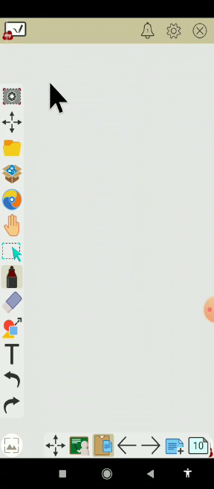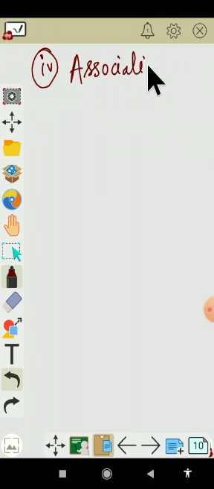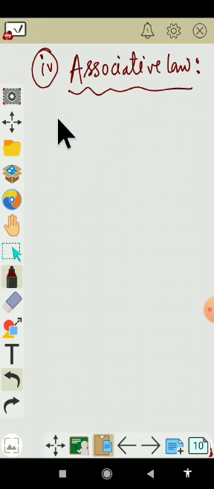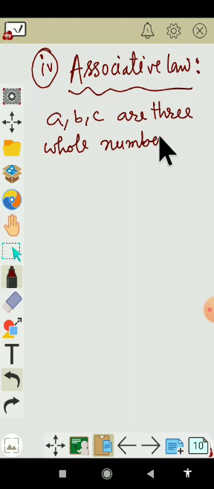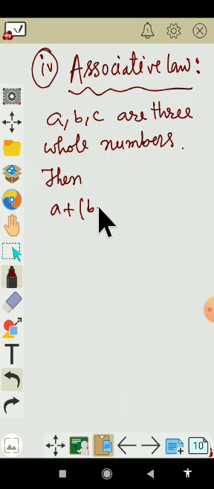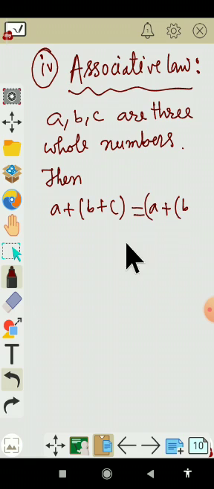Okay. Then the associative property, associative law. The associative law says that if a, b, c are three whole numbers, then (a plus b) plus c equal to a plus (b plus c). This will be equal.